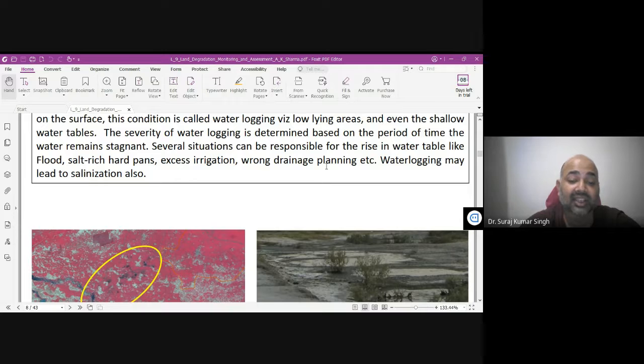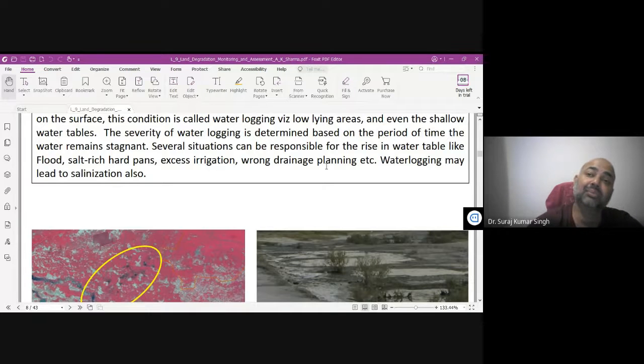But wherever you find areas under waterlogging, you will find that the same area is salt affected. Why? Because water contains salt. When the water evaporates gradually over a period of time, the salt content gets deposited in that particular soil.